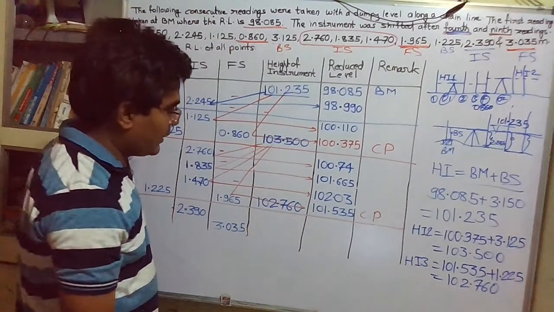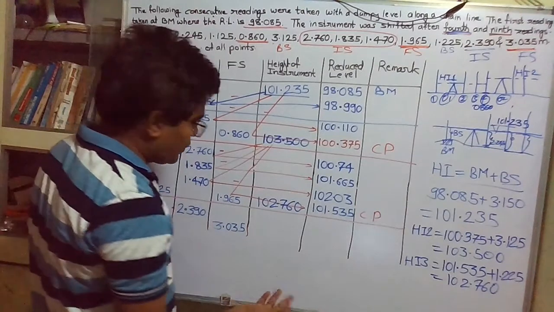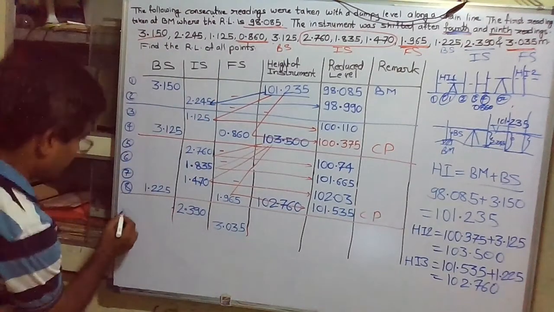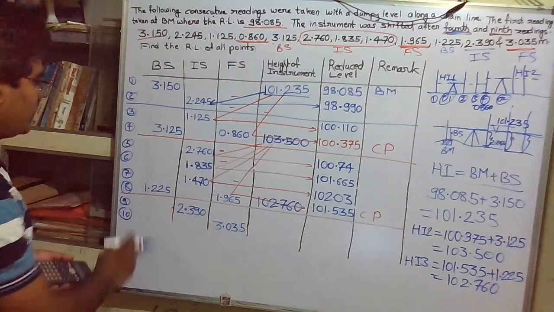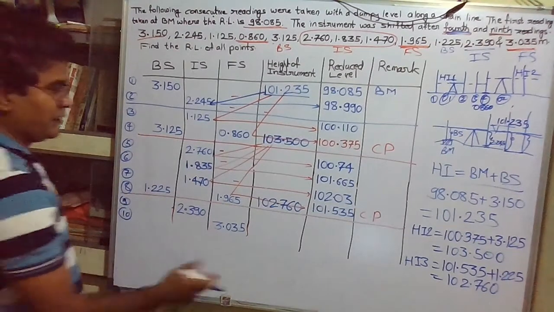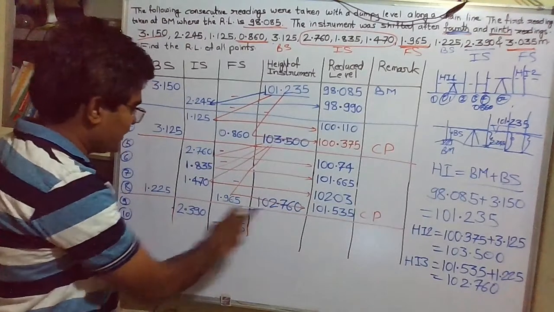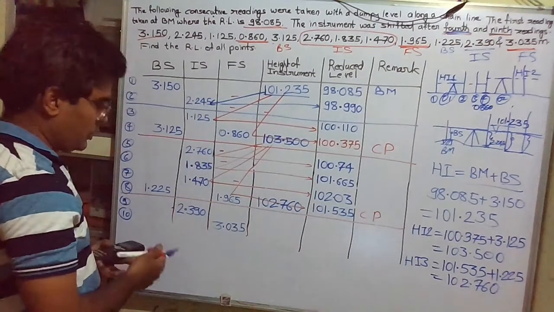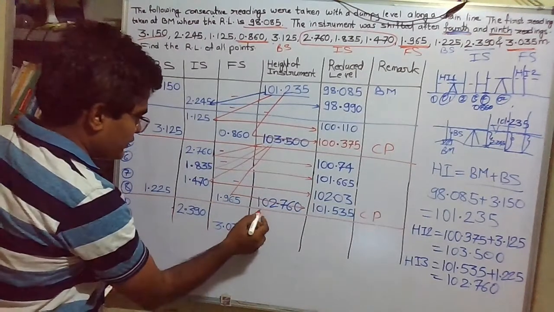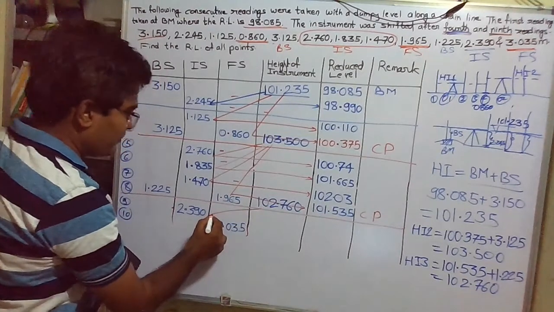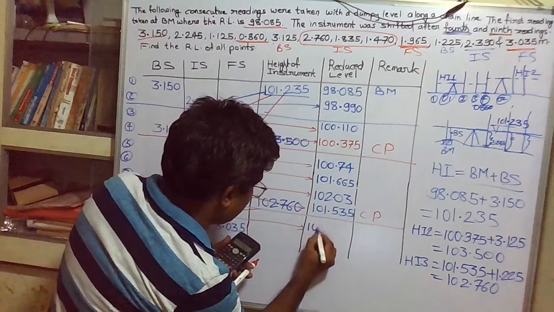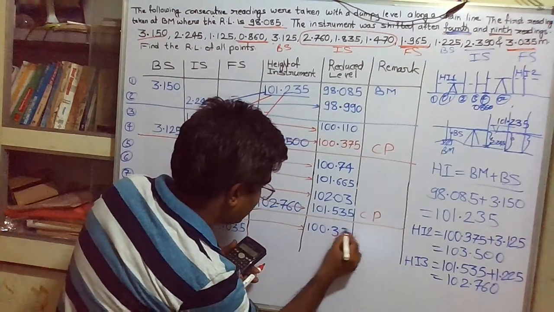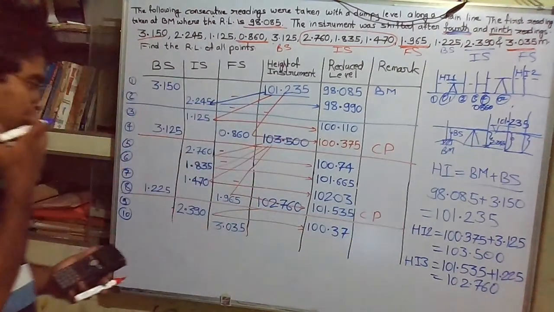Our new HI is coming 102.760. And now again we have to calculate the RL of point number 9 and point number 10. Same way, that is HI minus staff reading. So 102.760 minus this staff reading, the RL of point 9 is 100.37.